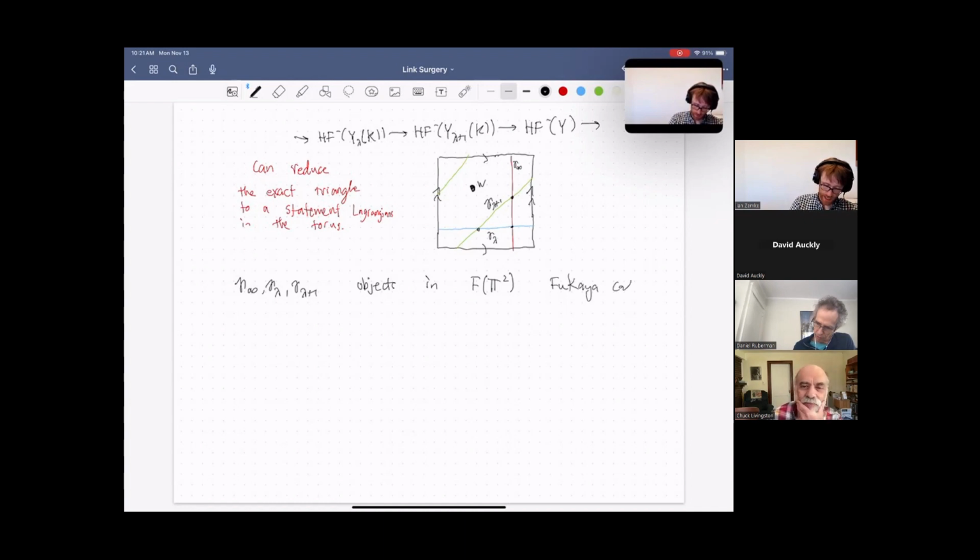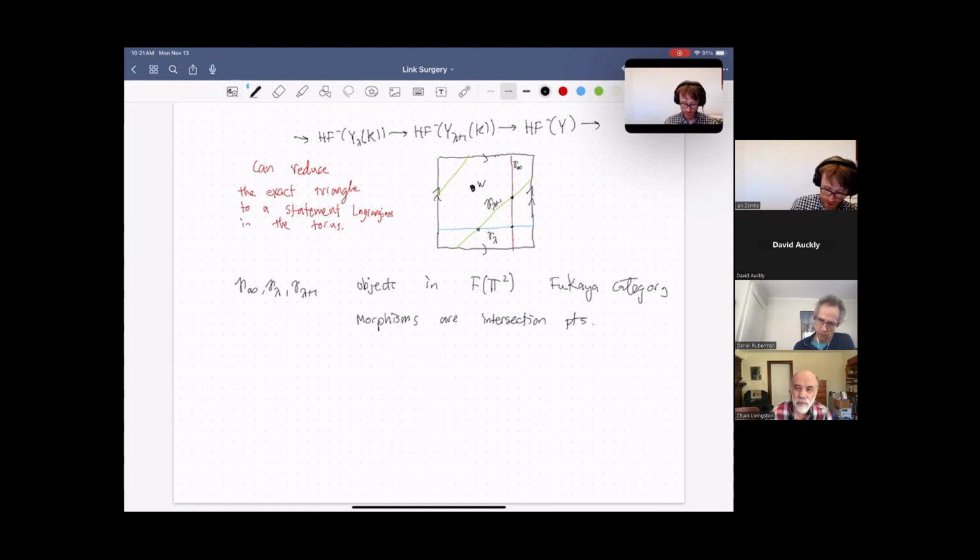In the Fukaya category, objects are Lagrangians and morphisms are Floer chains, so intersection points.